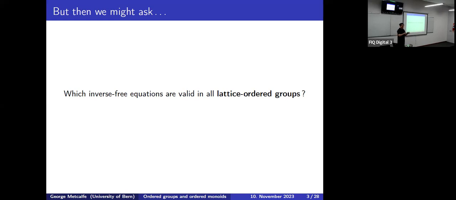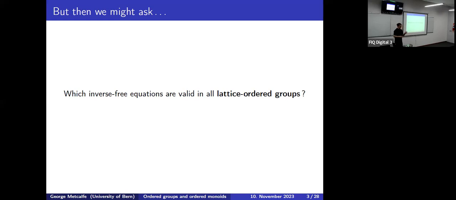So when we look at a lattice-ordered group or monoid, we no longer require that the order is total. Rather, we require that it's a partial order where the binary meets and binary joins exist. The binary infima and binary suprema exist.